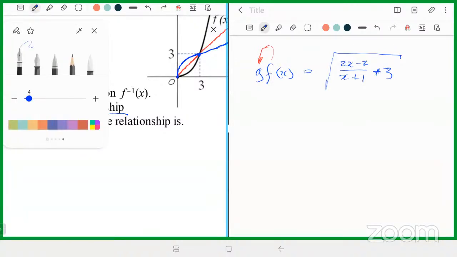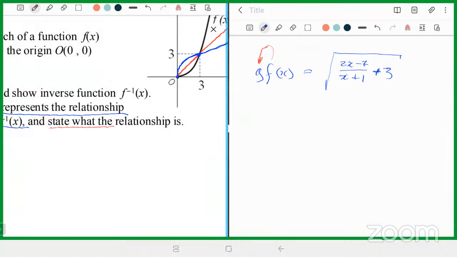I'll put it in red. The relationship between them. State the relationship between f and f inverse. What's the relationship? f to the minus 1, or f, write it out this way: f of x and f to the minus 1 of x.